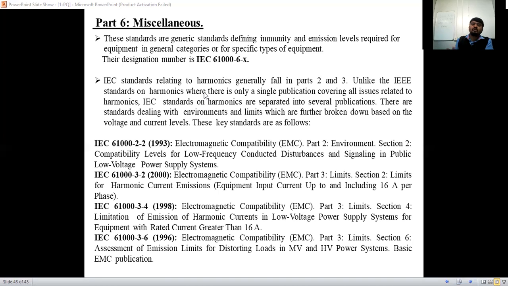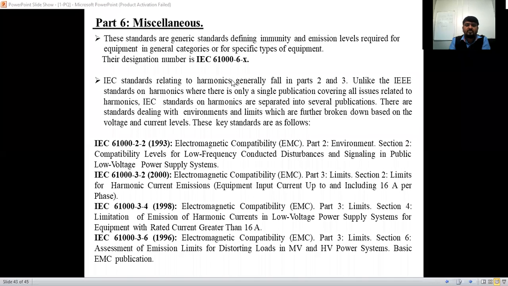The same standards we are going to discuss in the second unit, where both IEEE and IEC standards are mentioned. Both are the same, there is not much difference.